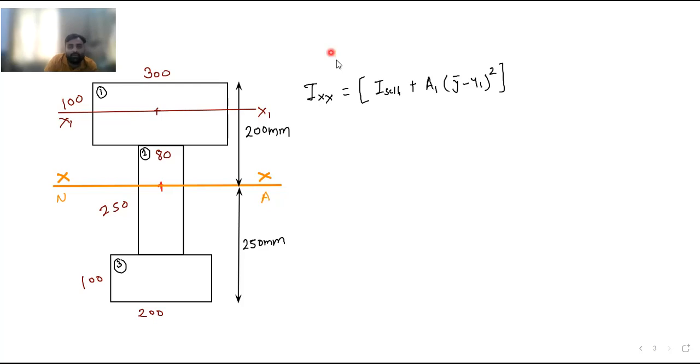So somewhere here, the CG of the second figure is there. Now I will draw the axis of the second figure also. So this is the axis x2.